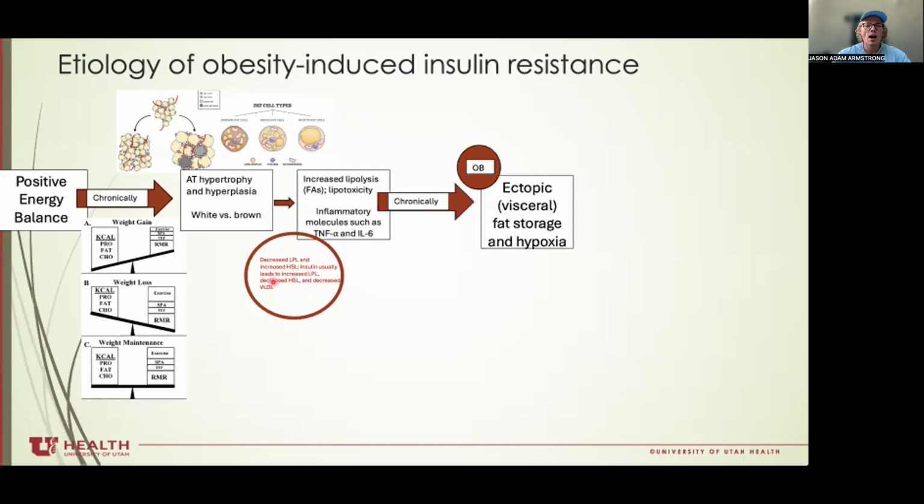So if I experience that chronically, I may have a bout of that, and that's not an issue. But if I'm chronically experiencing lots of free fatty acids in the blood, as well as these inflammatory molecules, that can lead to ectopic fat storage and hypoxia. Hypoxia is sort of demonstrated in this upper left-hand picture.